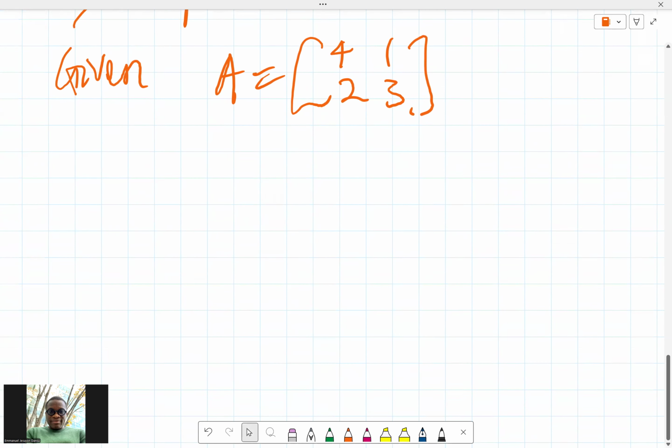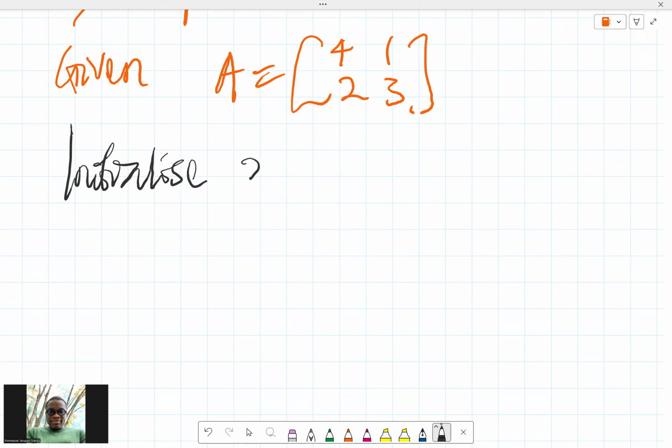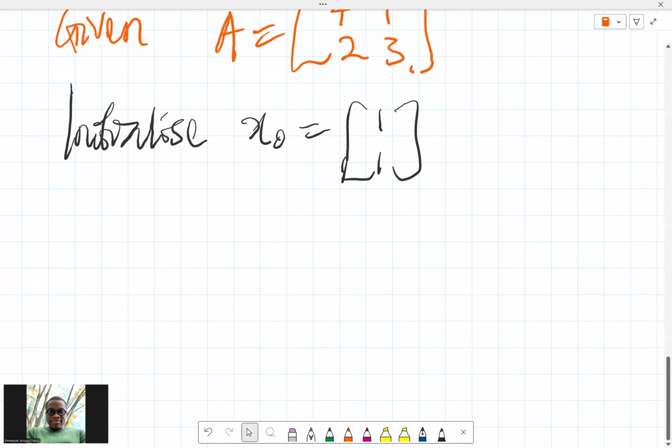Just like we said, in step 1, the first thing you want to do is initialize x naught. Take that to be [1, 1], as long as it's non-zero. It can even be [1, 0] or [0, 1] or anything, any arbitrary vector that is not zeros. So initialize x naught.